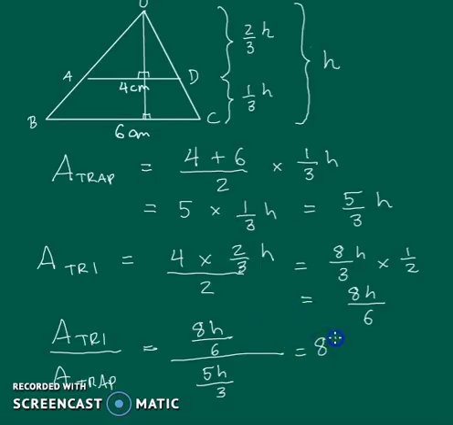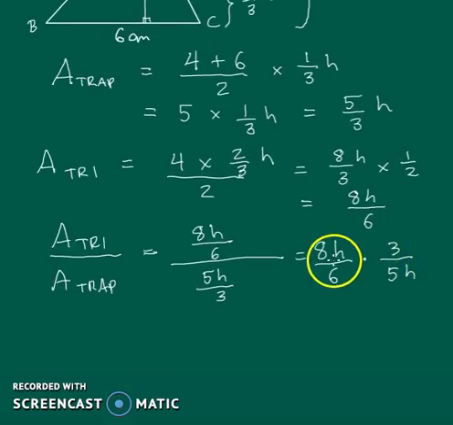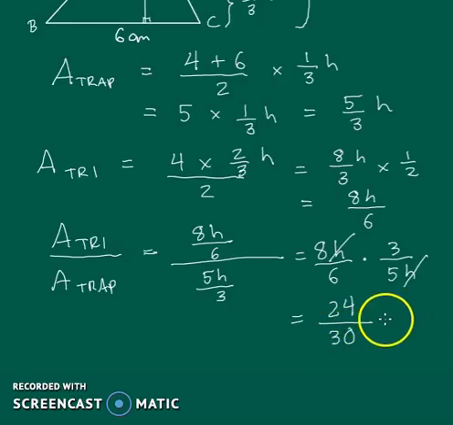So instead I'll say 8H over 6 times 3 over 5H. And now there are some things that I can cancel out. So I can get rid of the H on the top and the bottom. And now I've got 24 over 30, which I can simplify by dividing both by 6, to 4 over 5.